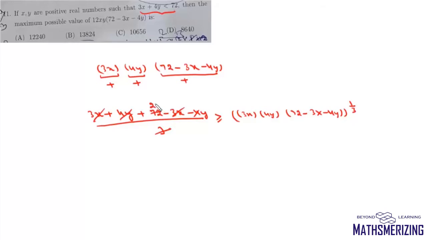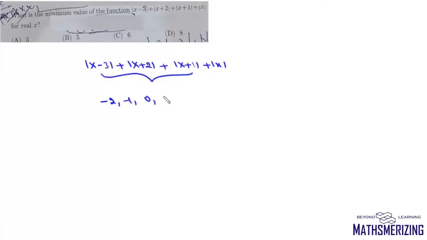If we take the cube on the left hand side, we can write this 3x into 4y into 72 minus 3x minus 4y will be less than or equal to 24 cube. Now 24 cube is 13824. So the maximum possible value of this expression is 13824, and that's your option B.